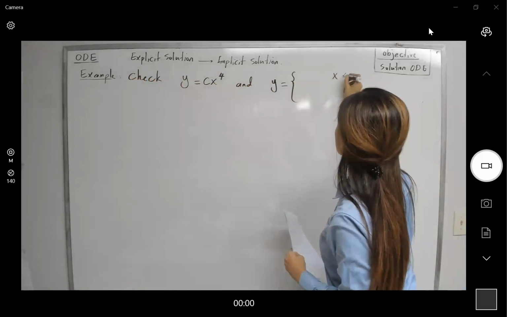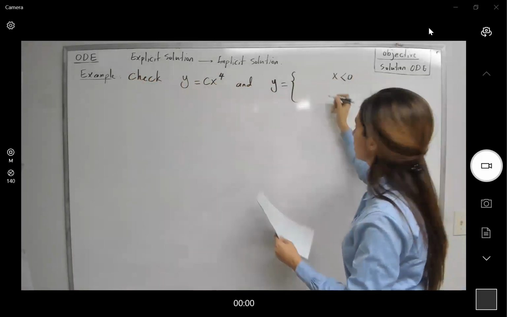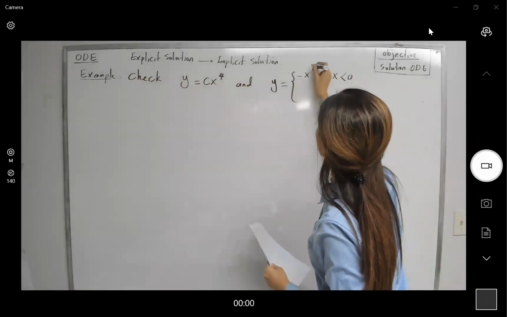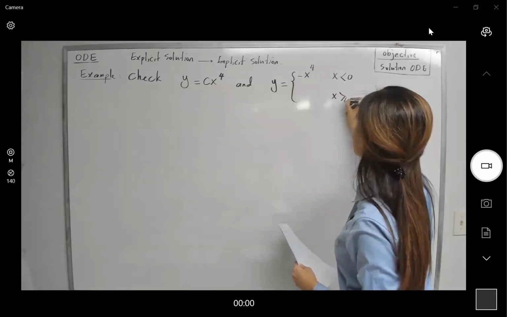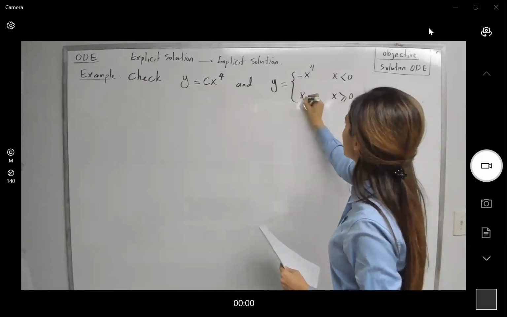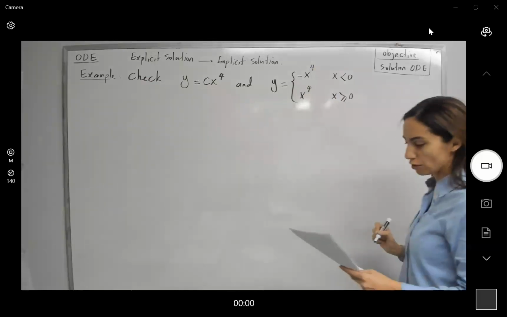If x is less than 0, then y is defined as negative x to the fourth. And if x is larger than or equal to 0, we're going to have x to the fourth.